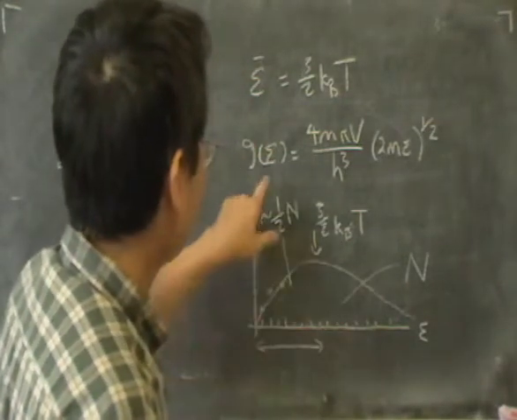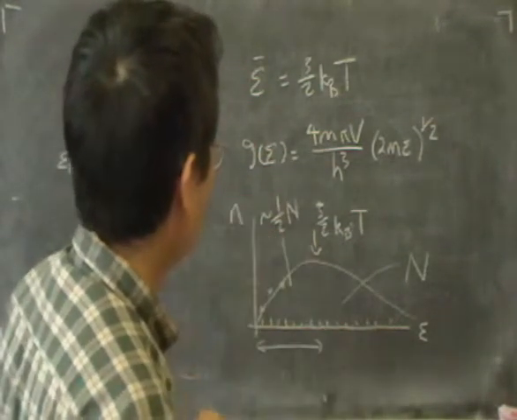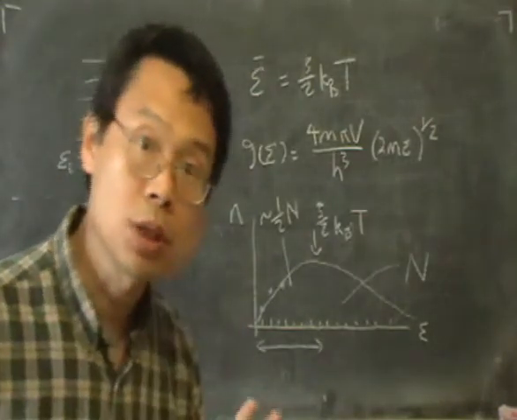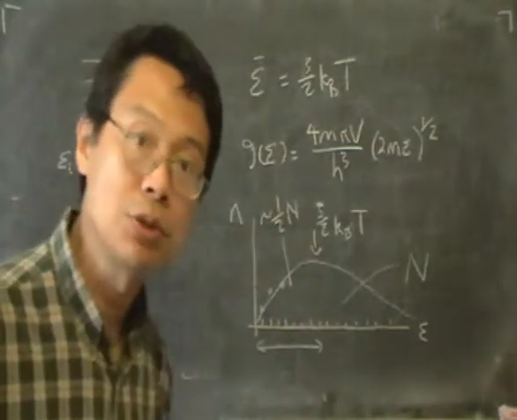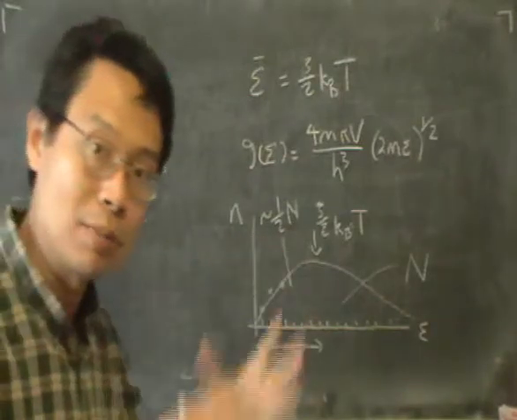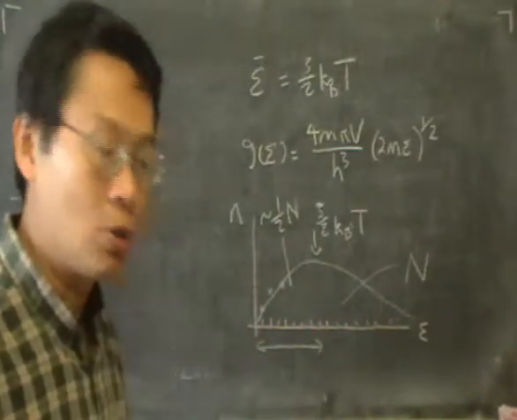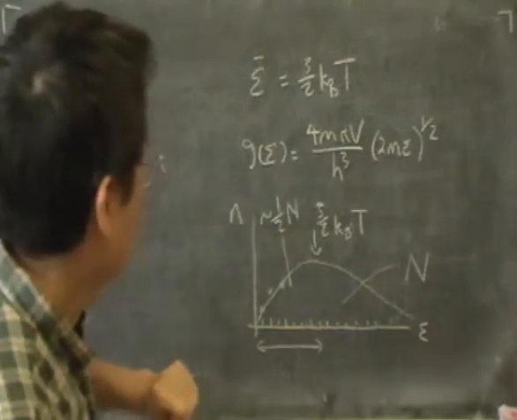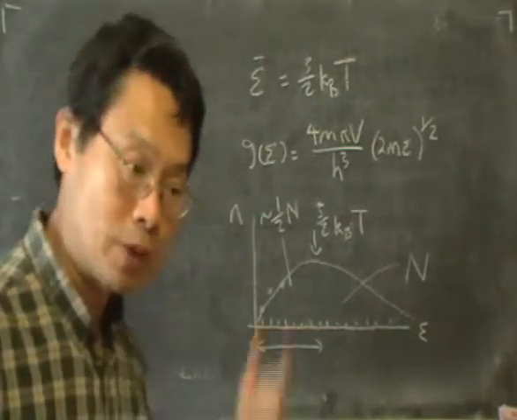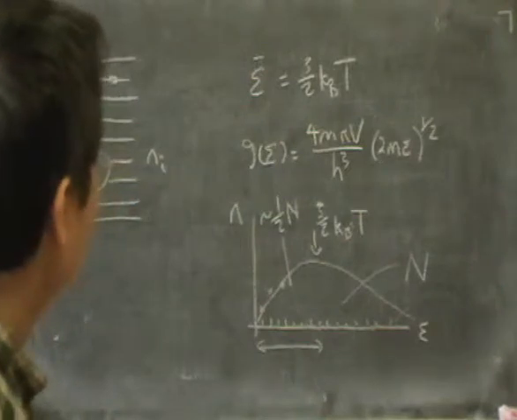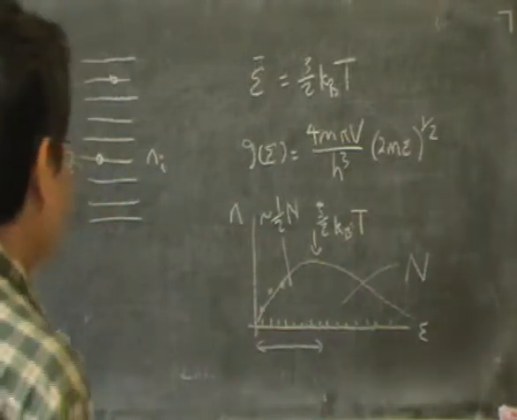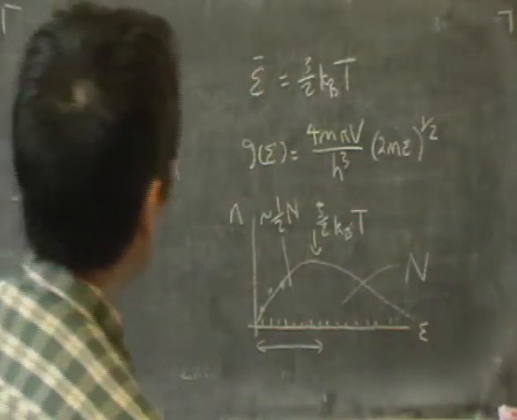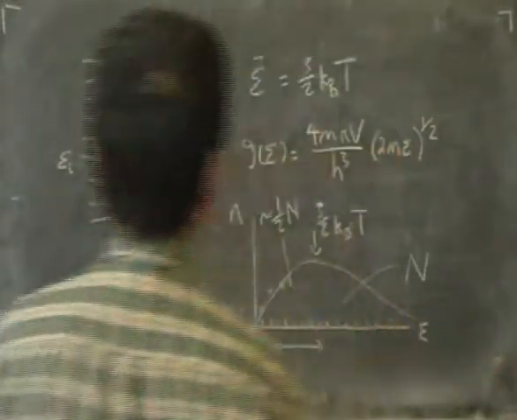We can directly obtain a function for the total number of states below a certain energy by looking again at the picture of the k-space that we have used to derive the density of states in the last lecture. So let me do that.